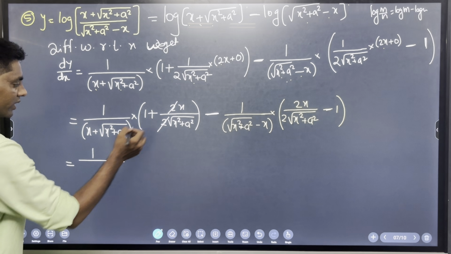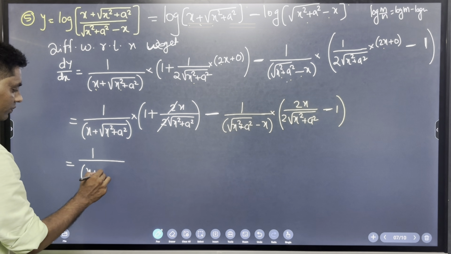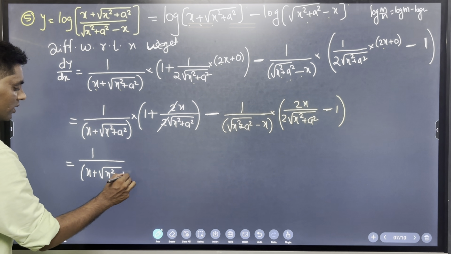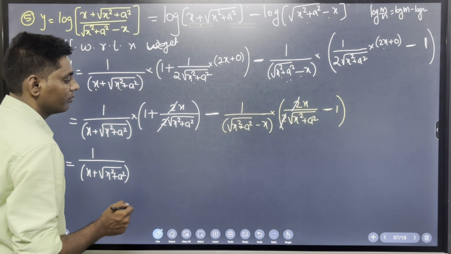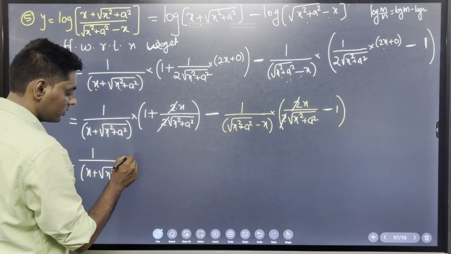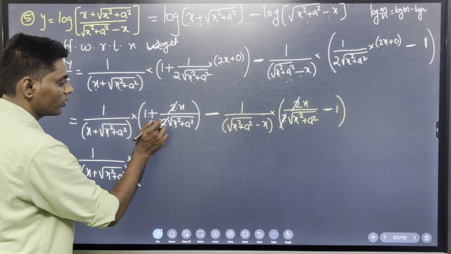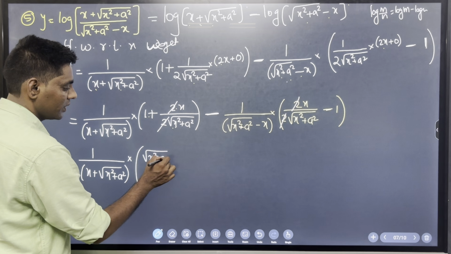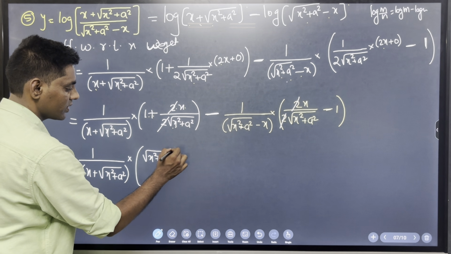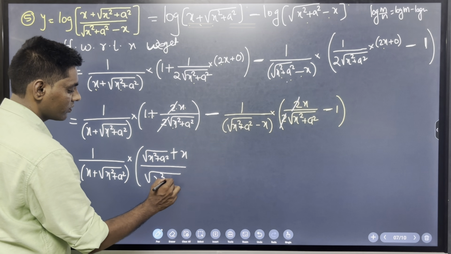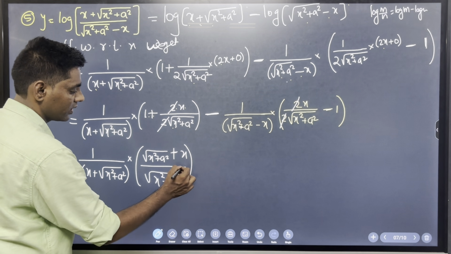So after 2 gets cancelled, here we simply observe that 2 is also present, so we cancel the 2 on both sides, because it is present in the numerator and denominator as well, and then take the cross multiplication. So when the root is multiplied by the 1, the answer is root of x square plus a square plus x as it is, divided by under root of x square plus a square, bracket complete.